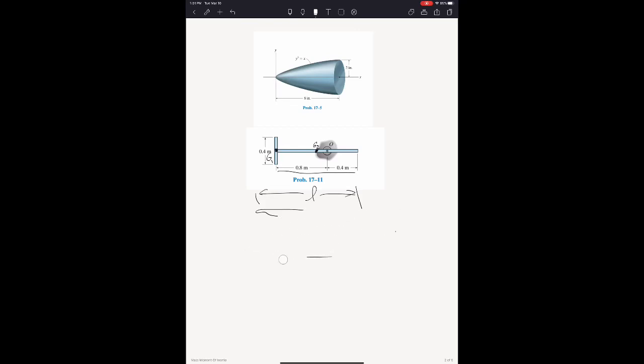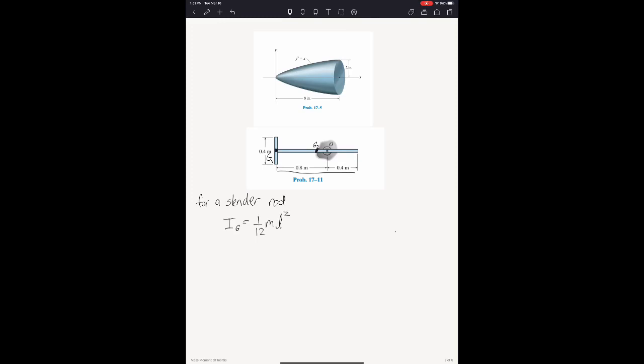I'm going to erase all this stuff. Remember, for a slender rod, the moment of inertia about its center of mass is equal to 1/12 mass times length squared.